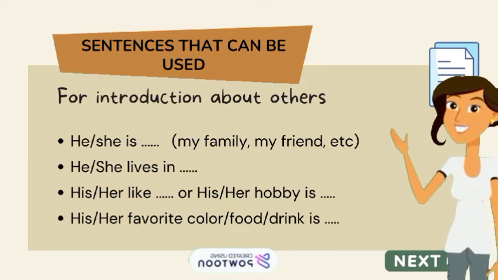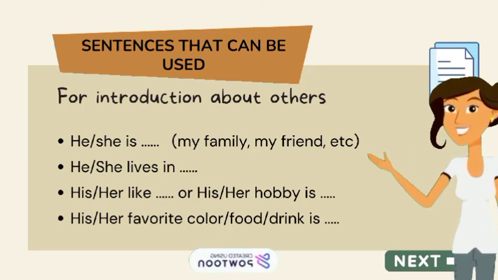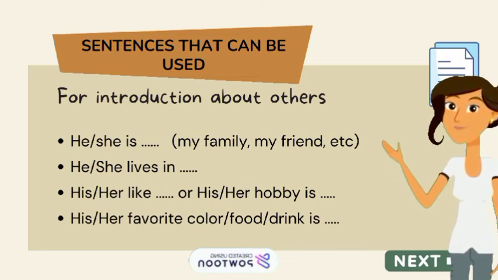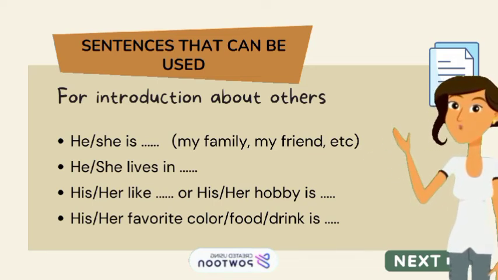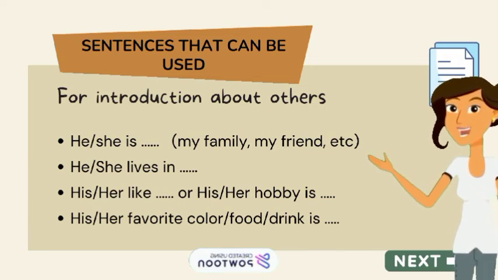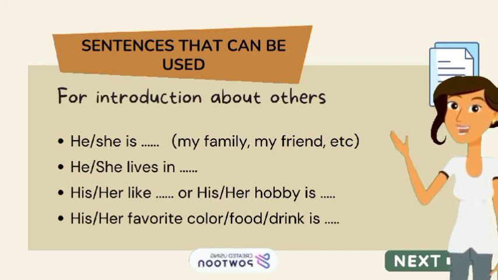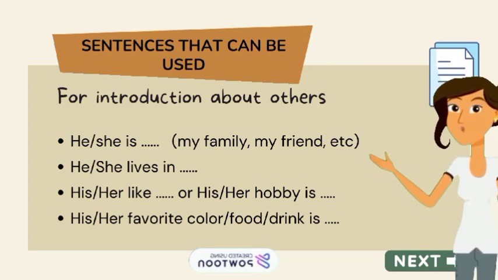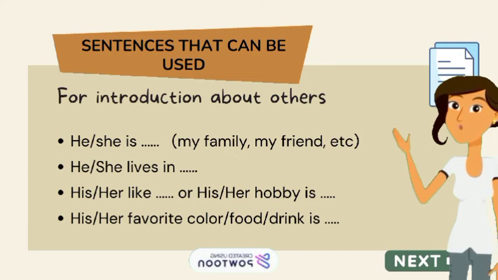It can talk about your family, your friend, your animal, etc. And then next, you can use he or she lives in blah blah blah, or his or her hobby is blah blah blah, and then the last, you can use his or her favorite color, food, or drink is blah blah blah.